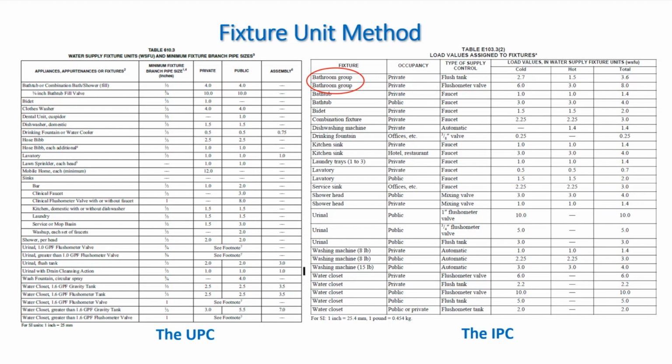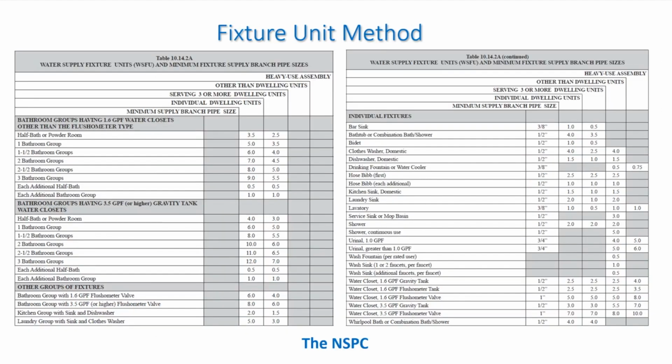And this is the National Standard Plumbing Code. The unique feature of the National Standard Plumbing Code is that in one table, they have used groupings instead of individual fixture units. So you have bathroom groups, and a fixture unit value applied to a bathroom group rather than the individual fixtures within that group.